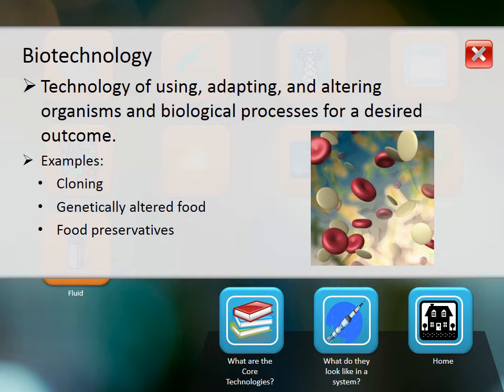Have you all seen the size of organic food compared to genetically altered food? Organic food is smaller and darker in color. If you're looking at a chicken breast, you're looking at yellowness. Food preservatives.